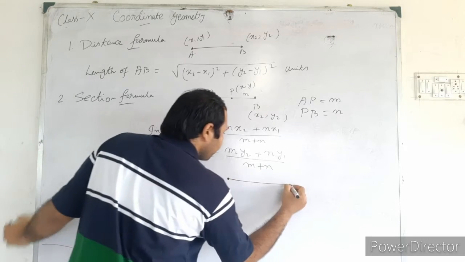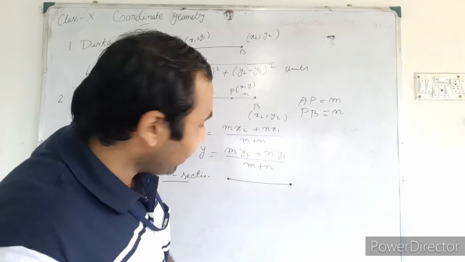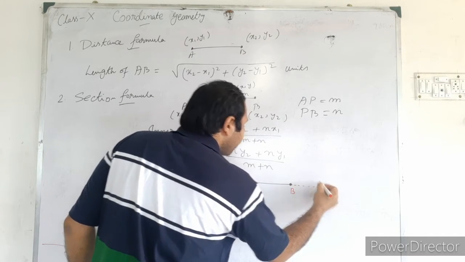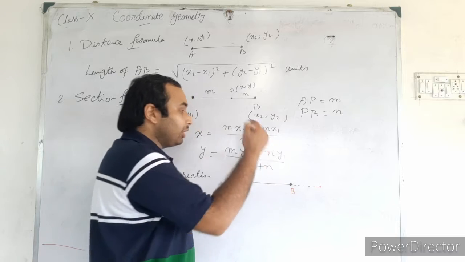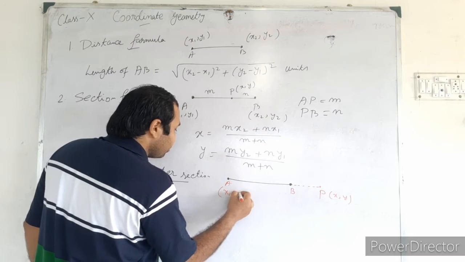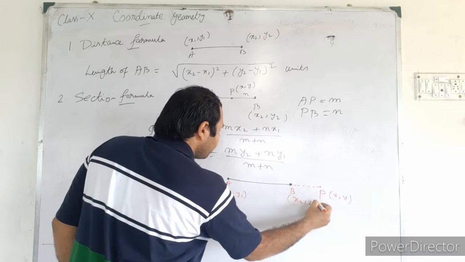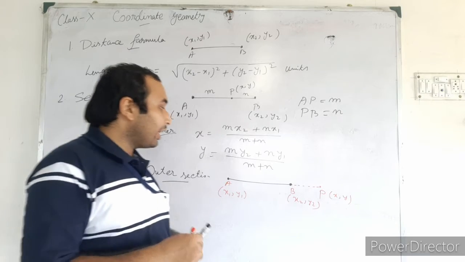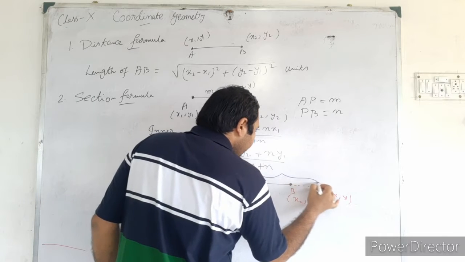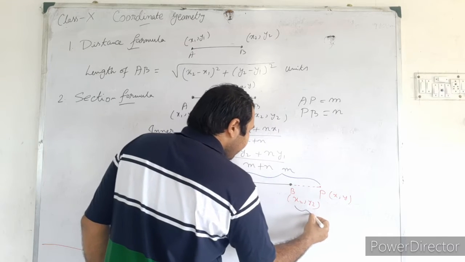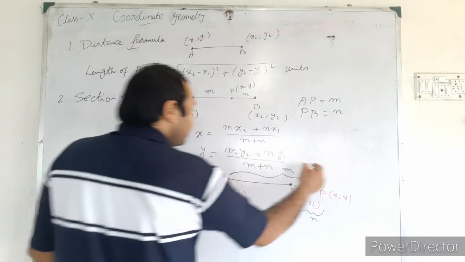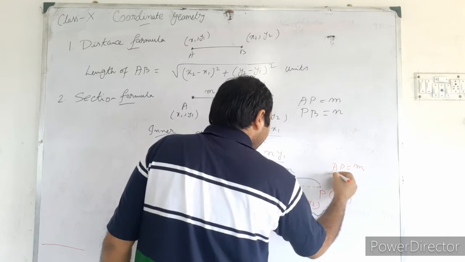If this is the line segment joining points A and B, and we take another point (x, y) which is not inside AB but outside it, with A as (x1, y1) and B as (x2, y2), then we take this part as m and this part as n. I am writing here AP equals m and BP equals n.